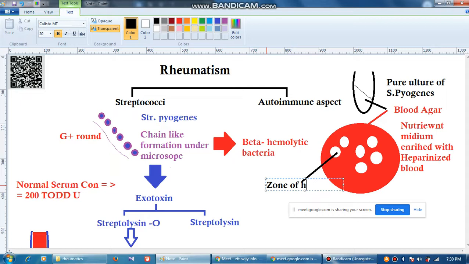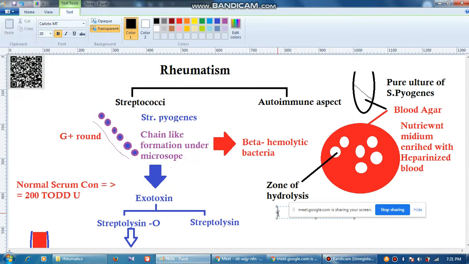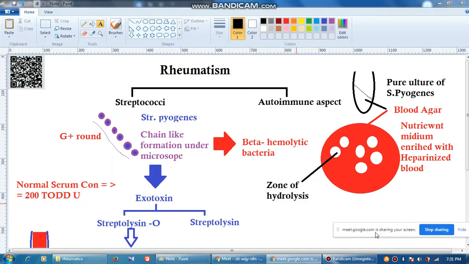Zone of hydrolysis. Now the radius of this hydrolysis is directly proportional to the amount of bacteria present in a single colony. Okay, leave it aside. For this particular reason we call this bacteria beta hemolytic streptococci. Now what is beta hemolysis?